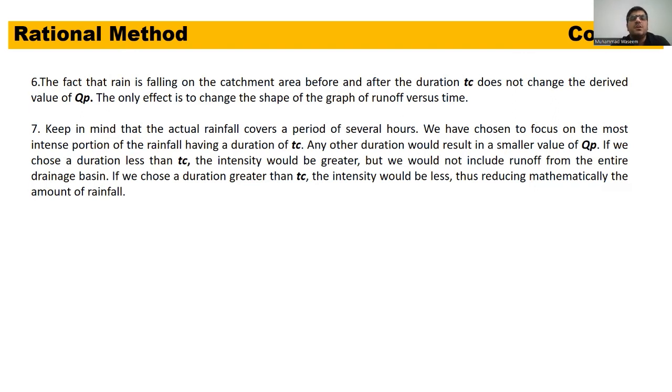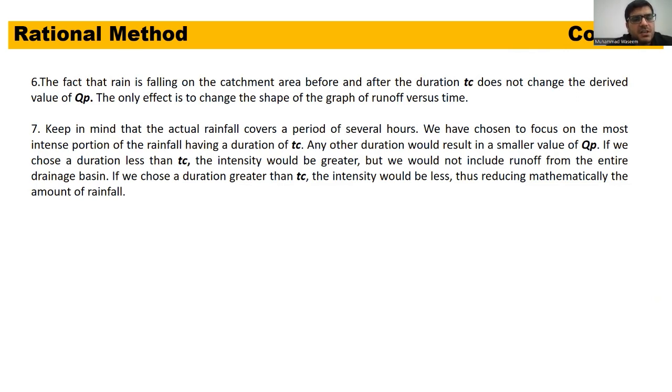So keep in mind that the actual rainfall covers a period of several hours. We can choose to focus on the most intense portion of the rainfall event, having a duration equal to the time of concentration. Any other duration, whether the rainfall event is more than or less than the time of concentration, will result in a smaller value of QP, the peak discharge. If we choose a duration less than the time of concentration, what will happen?